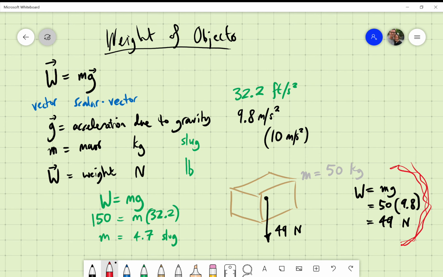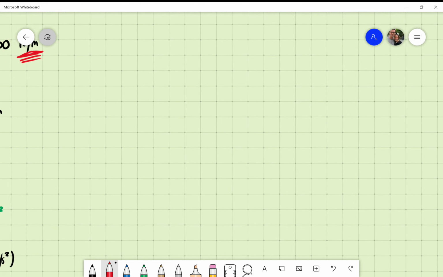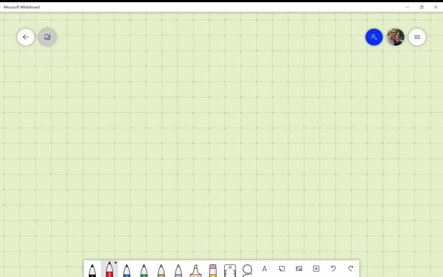Okay. I think we'll go to our last topic for today, and that is mass and density. This might be a fairly simple topic, especially if you have done chemistry of any sort at any level. So mass and density relate very closely to what we were just talking about, like that weight and mass and everything.